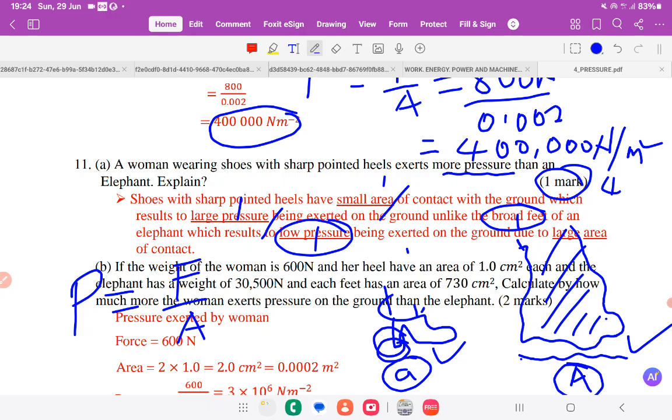I would like to leave you here with the last question, part B, for you to work on. They are saying if the weight of a woman is 600 newtons and her heels have an area of 1.0 square centimeters each, and the elephant has a weight of 30,500, and each foot has an area of 730, calculate by how much more the woman exerts pressure on the ground.